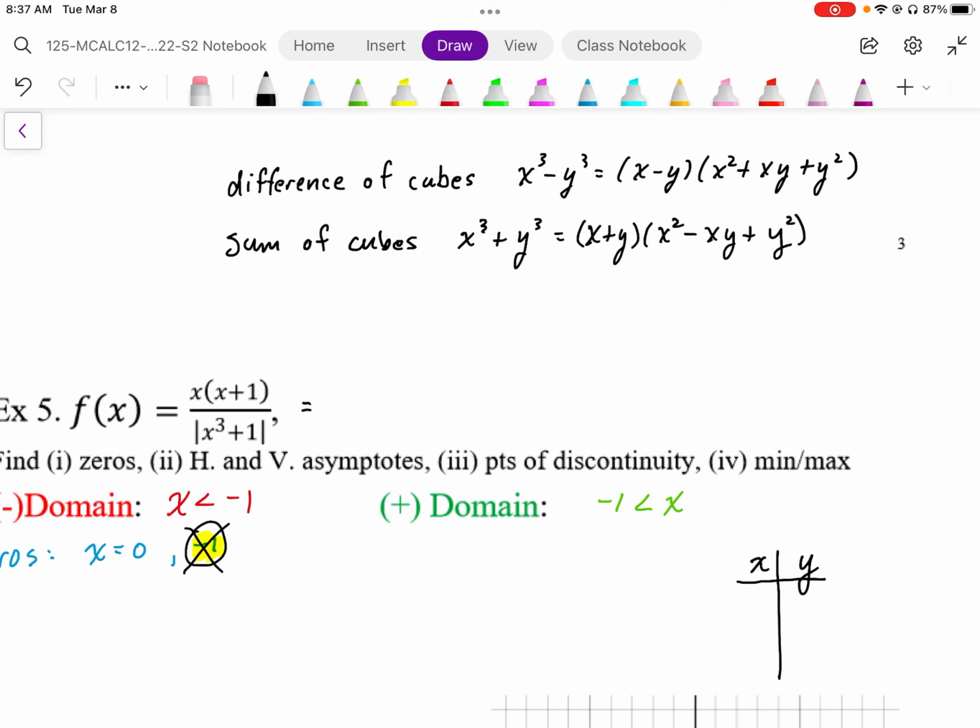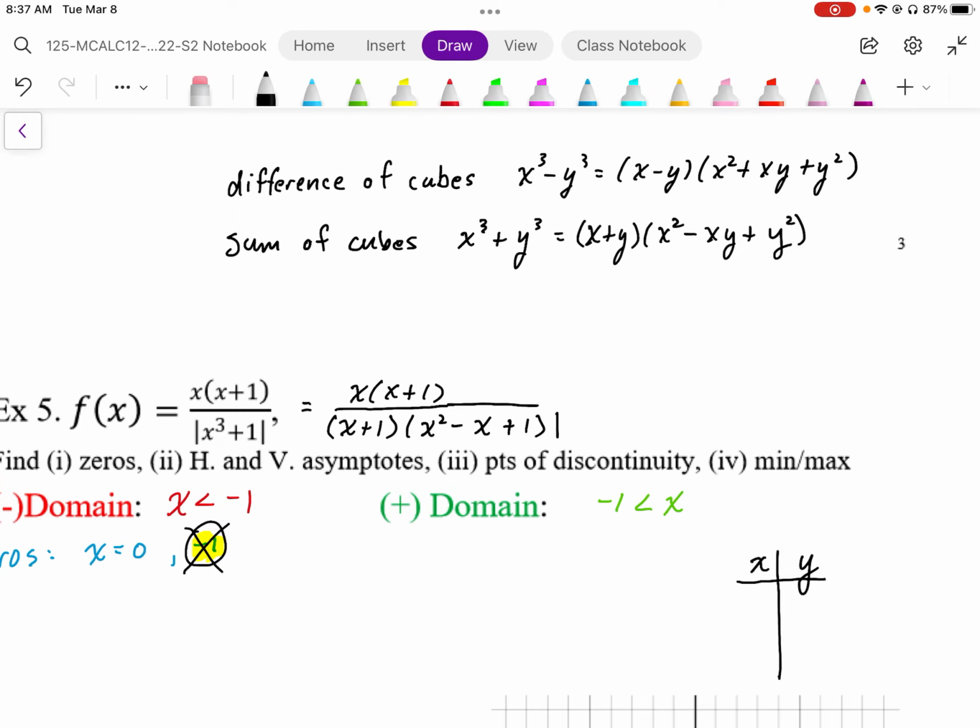And I'm going to rewrite this expression. So I have x plus 1 in the numerator. And in the denominator, this gives a factor. Our sum of cubes becomes x plus 1. So that's our x plus y part of that formula. And then we're going to end up with x squared minus xy plus y squared, which is just going to be 1.